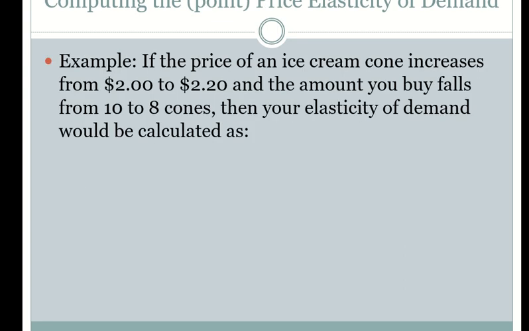So let's look at an example. If the price of an ice cream cone increases from $2 to $2.20 and the amount you buy falls from 10 to 8 cones, then your elasticity of demand would be calculated as... So recall what you learned from your math class.